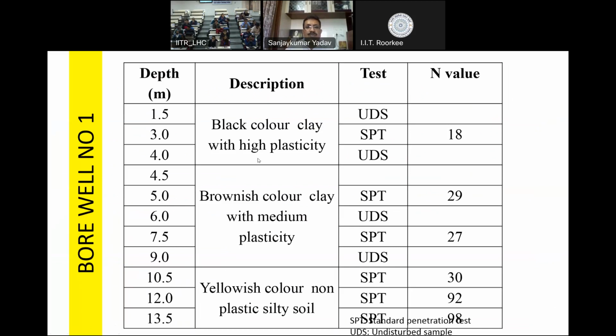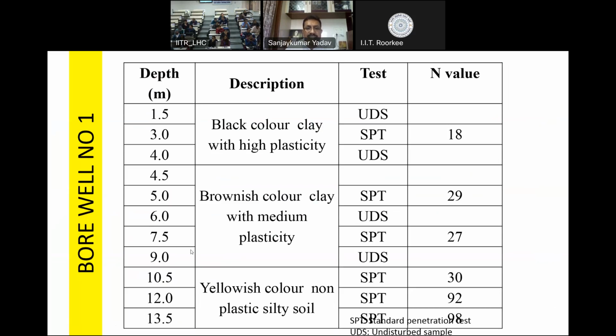What is the type of soil? Up to 1.5 to 4 meter, it is black color clay with high plasticity. 4.5 to 9 meter, brownish color clay with medium plasticity, and 10.5 to 13.5 meter, yellowish color non-plastic soil has been identified.